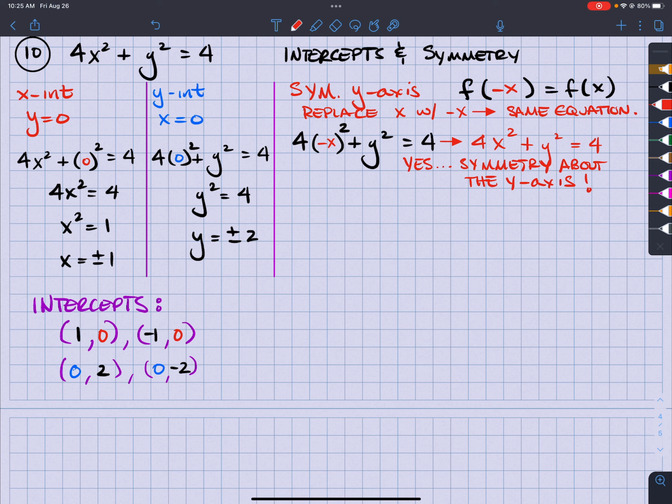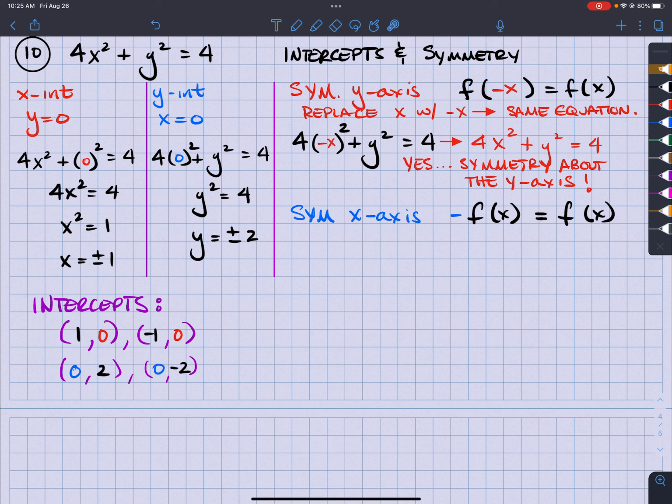Okay, so now let's check on the symmetry about the x-axis. What that tells me is that if I keep the x, my y would be negated.